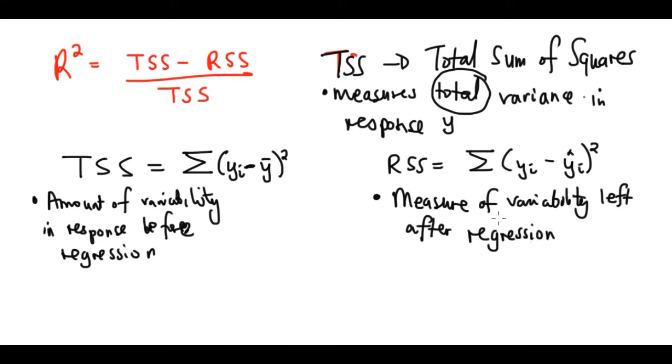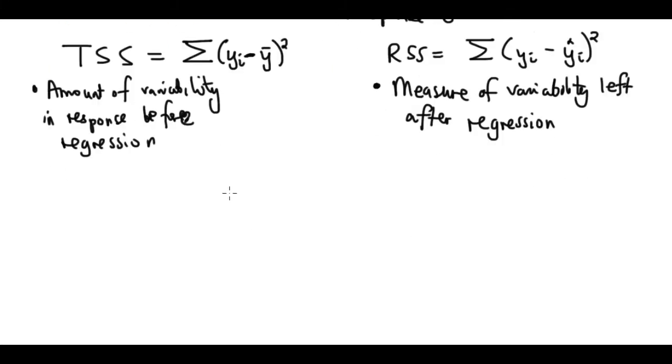Let's explain some of these principles here, right? Especially this one, the measure of variability left after regression. What does that mean? If you remember our graph there, we had a line, and then we had points there. Our RSS would now say, oh yeah, you have explained some variability using your green line, but there's still some left.